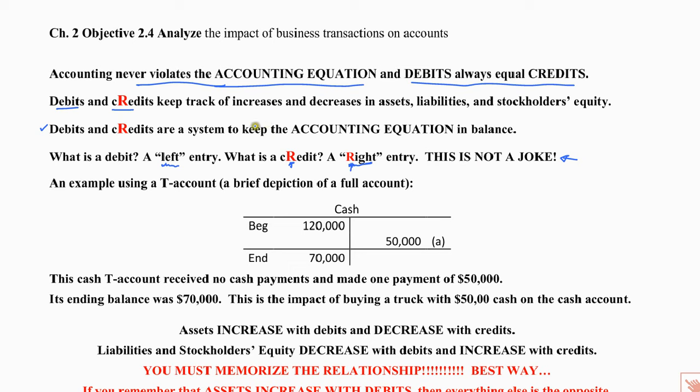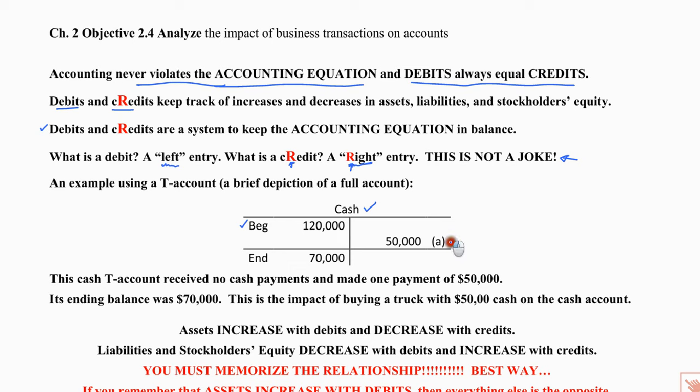Okay? Here's an example using a T account. And an account is a basic summary device, so this is summarizing cash. A T account is just a smaller depiction when you just want to look at a specific part of a bigger account. So let's say they began with 120,000. Cash has a debit balance. We increase assets with debits.